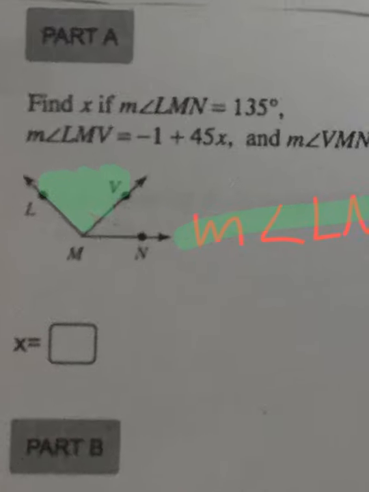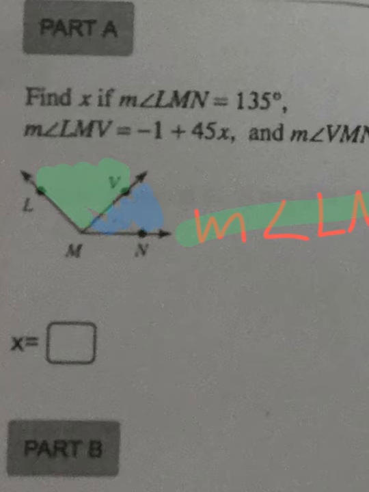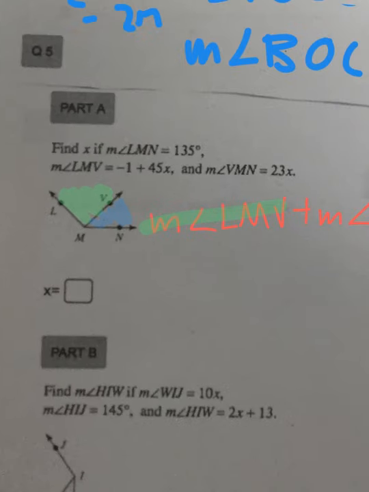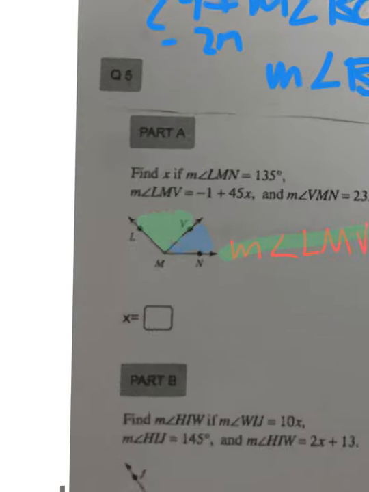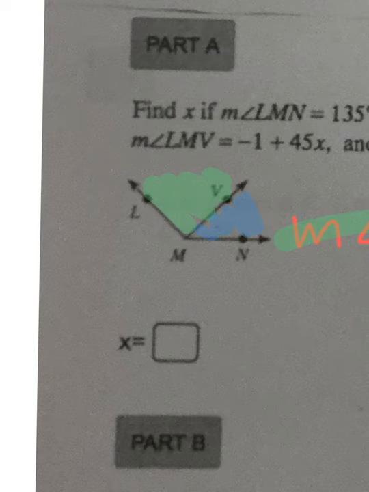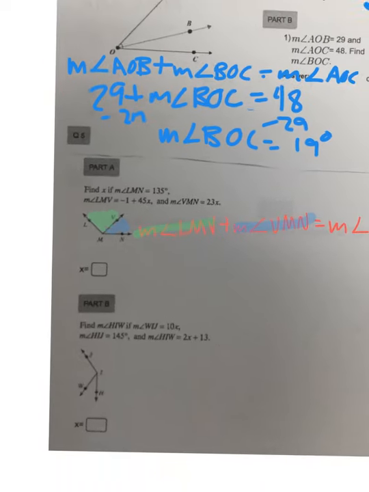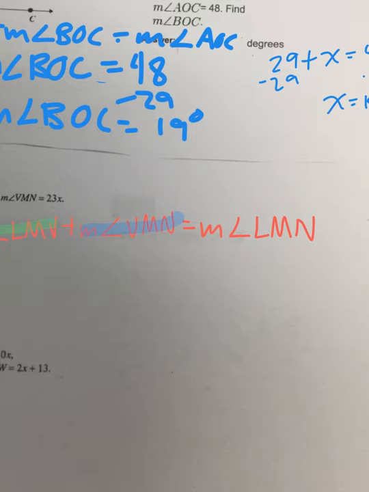So then I have to find the name of this second slice of pizza. And if I look at the endpoints, it will be VMN. And so that's where I get the measure of angle VMN. Then I have to name the entire pizza itself, which is from L to M to N. So those 2 slices added together make up the entire pizza, which is LMN here, and that's where we get that from.